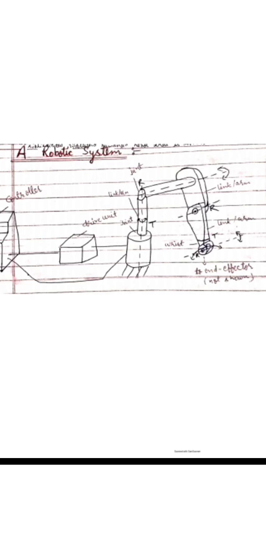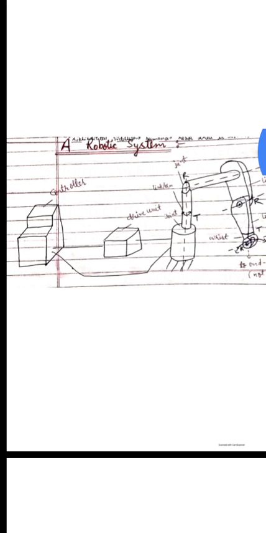So here, link and joints and effectors, wrist, drive or actuator, controller, sensors are the components of a robot.